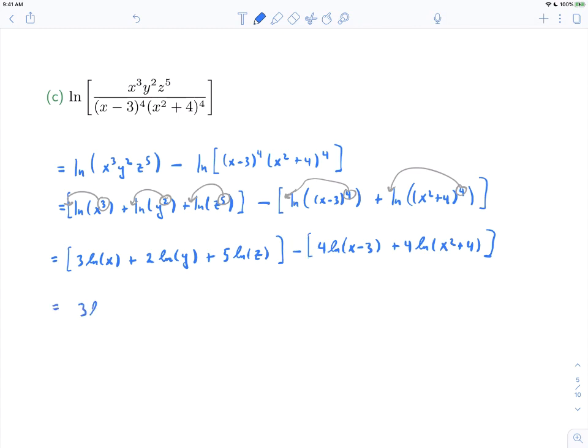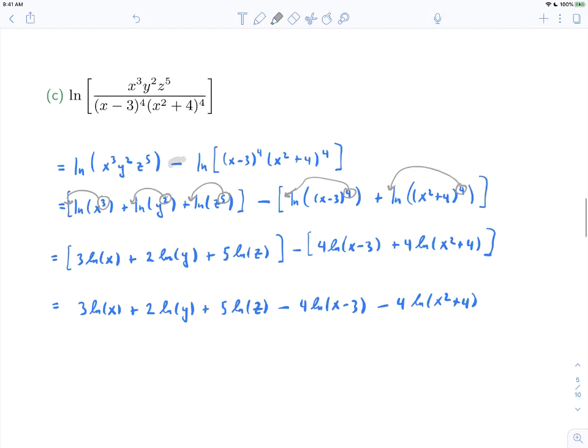So it's 3 ln x plus 2 ln y plus 5 ln z minus 4 ln x minus 3 minus 4 ln x squared plus 4. So this minus sign right here is the same as that one, and then it's both of these. This is expanded as much as possible because we can't factor this x squared plus 4.